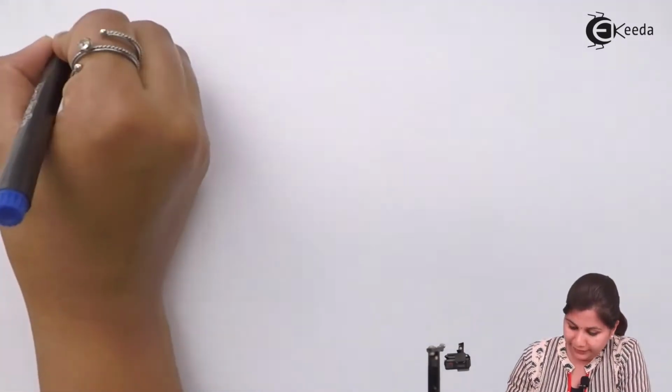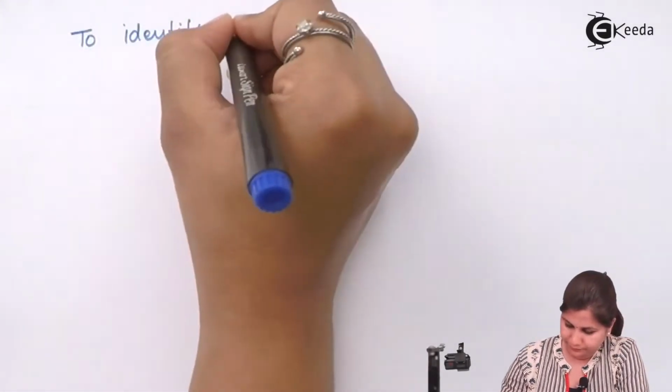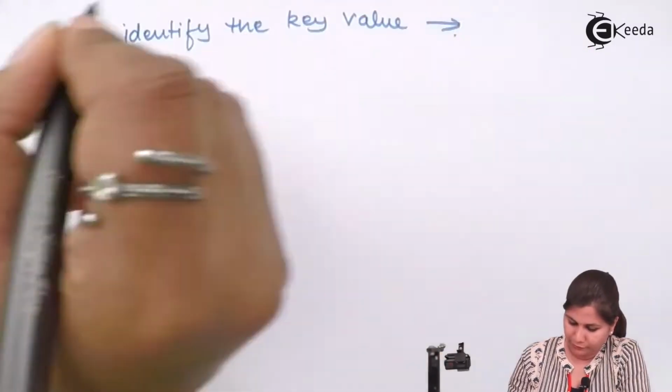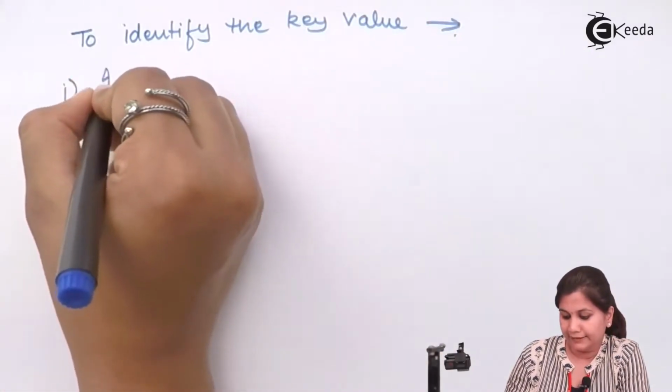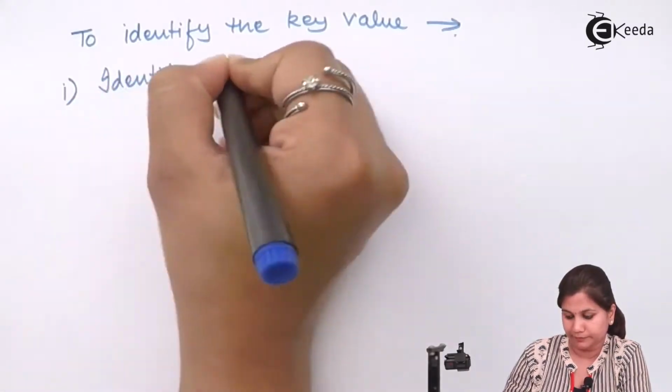Now in this non-matrix type of keyboard, if you want to identify a key pressed, then how is it done? So here, to identify a key pressed, first of all, identify whether a key is closed or not.